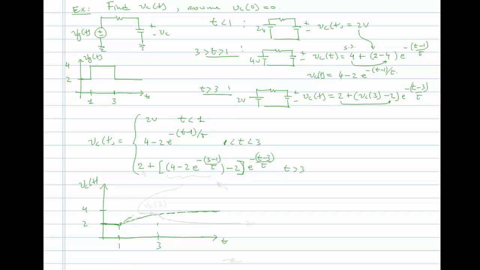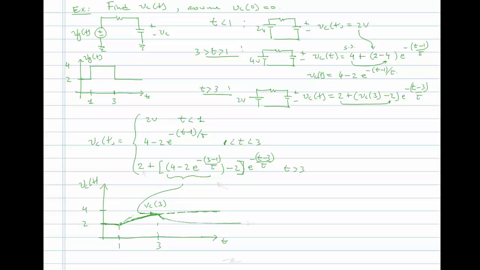Before it gets there, we'll arrive at 3 seconds, and at 3 seconds the source goes from 4 volts back down to 2. This value right here is VC at 3 seconds. We'd have to compute that, with some values to plug in. But from here on, it is going to decay back down, and it will approach 2.